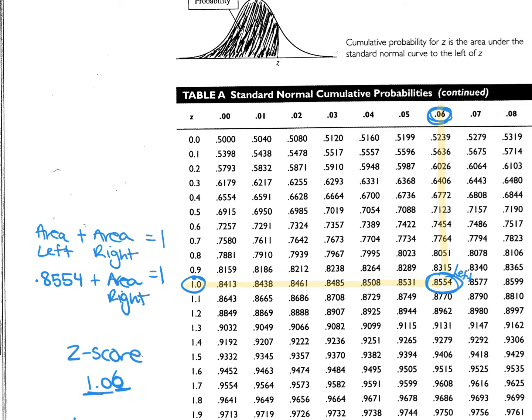So we can take the area to the right is equal to 1 minus 0.8554, which is a total of 0.1446. So the area to the right of a z-score of 1.06 is 0.1446, or that represents 14.46% of the total area under the curve.